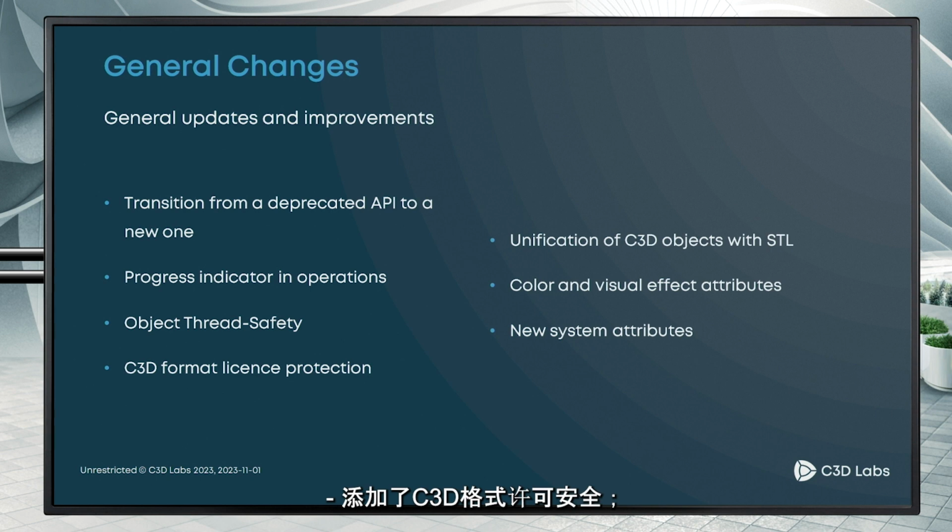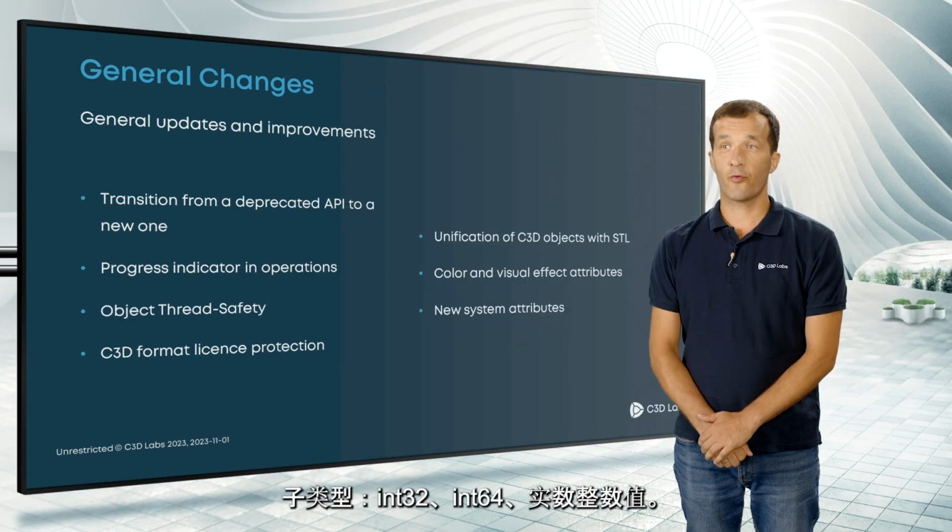Also added are C3D format license protection, unification of C3D containers with STL, and processing of color attributes and visual effects. Also added are color conversion interfaces. Finally, we added 3 new subtypes of generic attributes: array of integer values and double values.